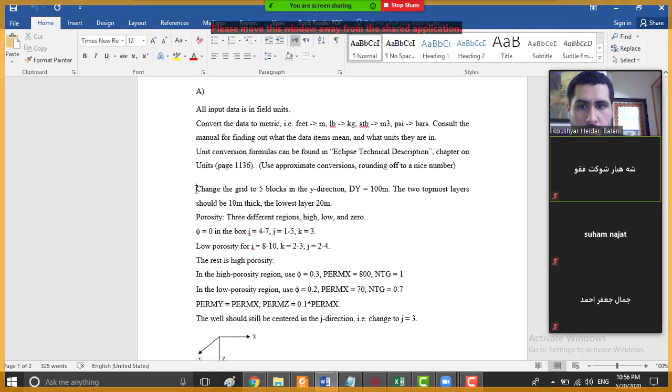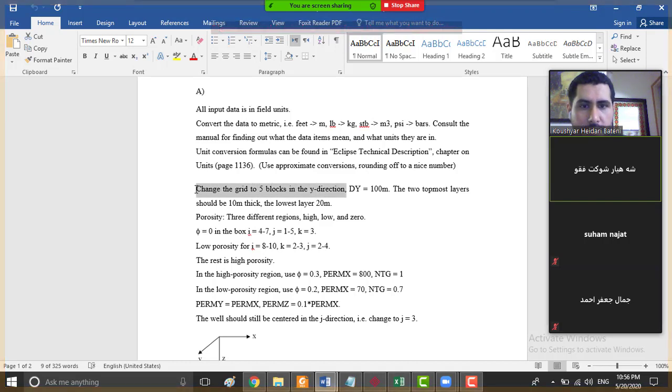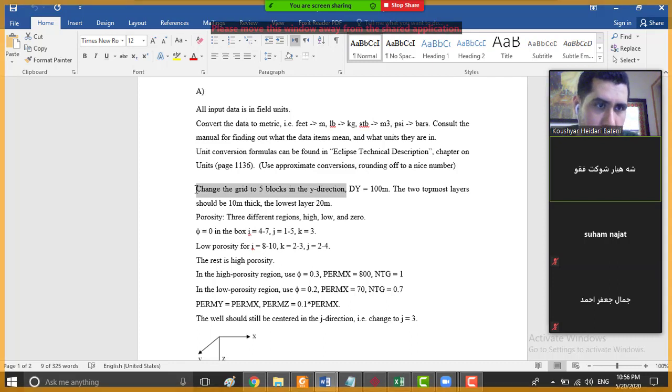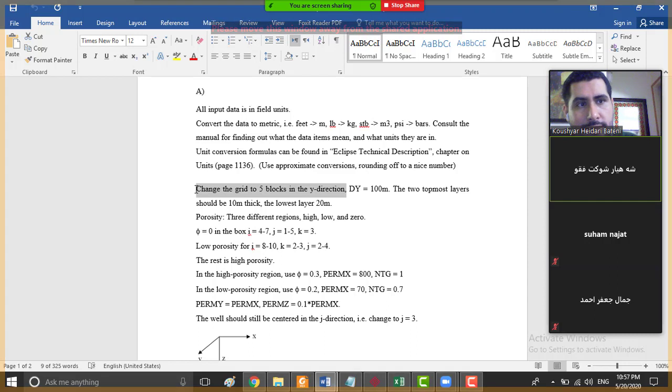Here it says, change the grid to 5 blocks in the y direction. We know that we are doing modifications on the previous model, and in the previous model, dx was 1,000 feet. We had 10 cells in the x direction, 3 cells in the y direction, 3 cells in the z direction.